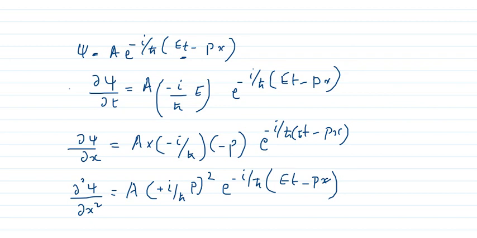Now we are going to rearrange it. From the first equation, we just multiply it with i h cut. Here we multiply by i h cut. So h cut cancels and i square is minus 1, so minus 1 into minus 1 is plus, and only E remains.